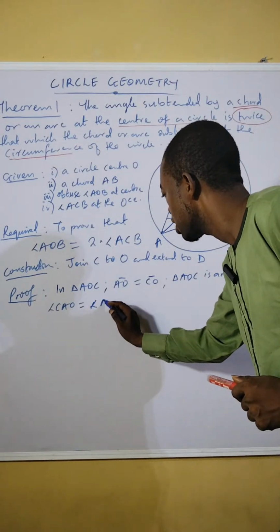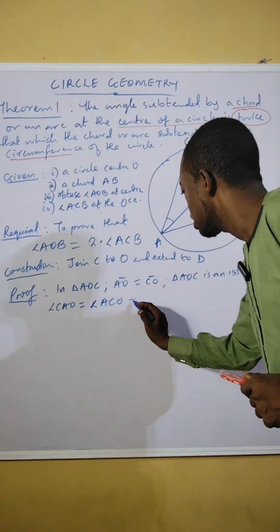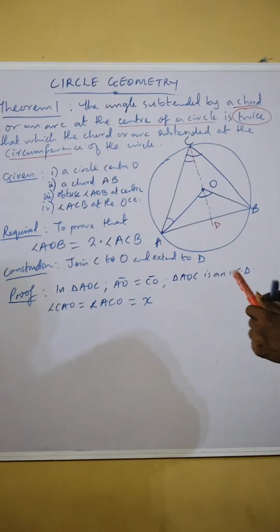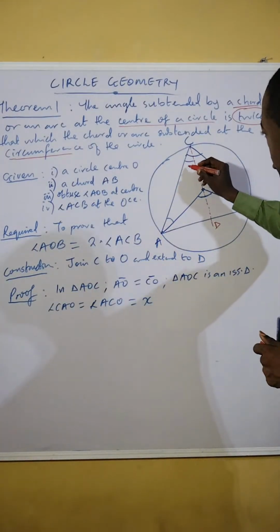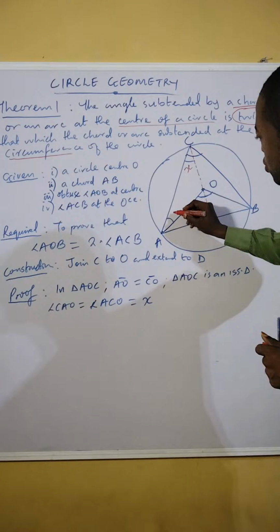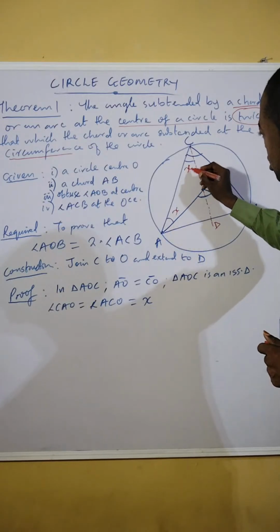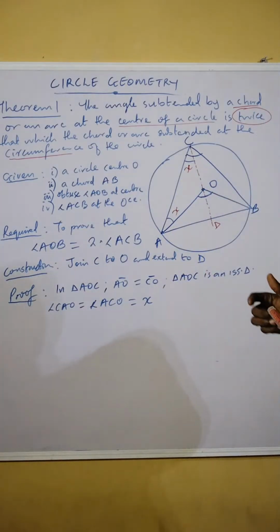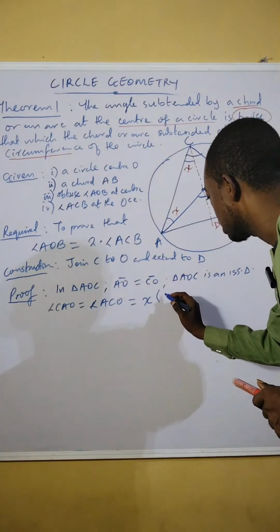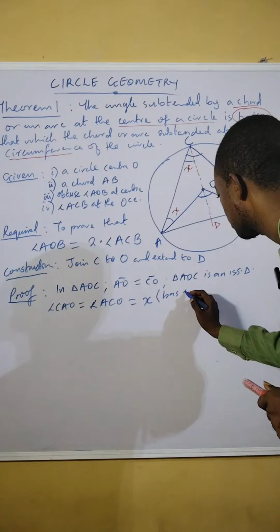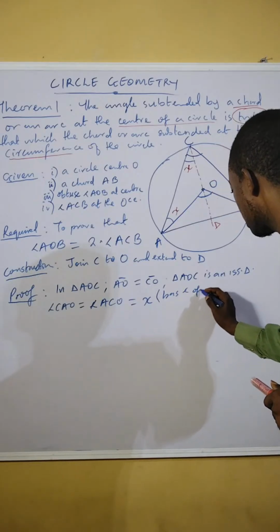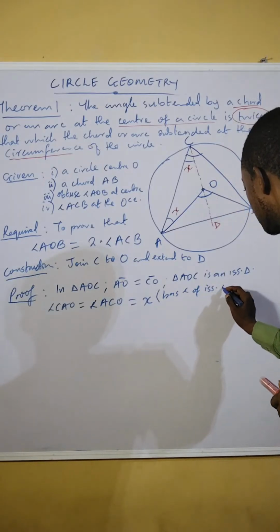That's angle ACO. And let's use it as letter X. So we put letter X here and also letter X here. That's base angles of an isosceles triangle are equal. Then we can put it like that, that is base angles of isosceles triangle.